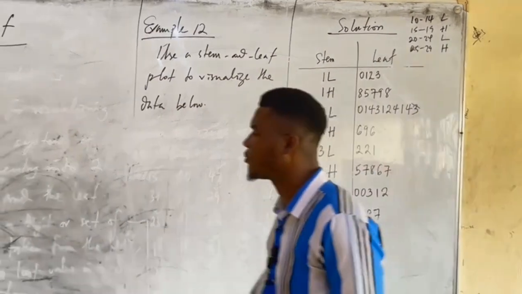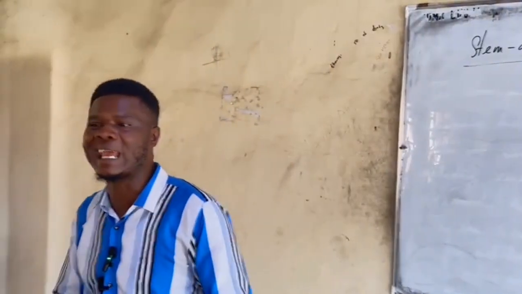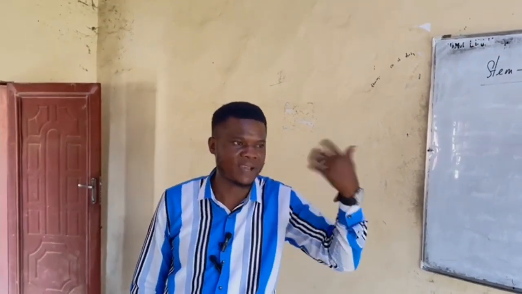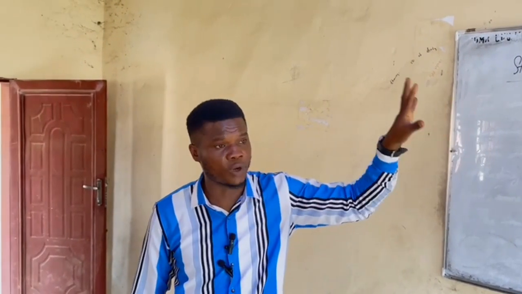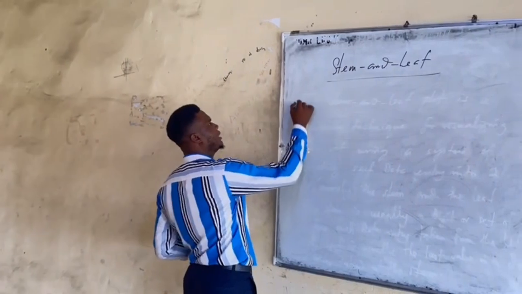Number 3, the stem and leaf is an elegant way of presenting what? Data. It is very elegant, just like every other graphical technique for presenting what? Data. So quickly, let's put those advantages down.